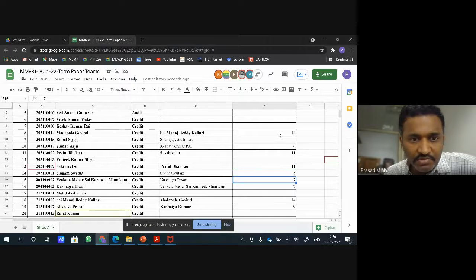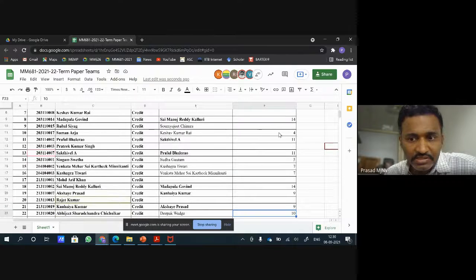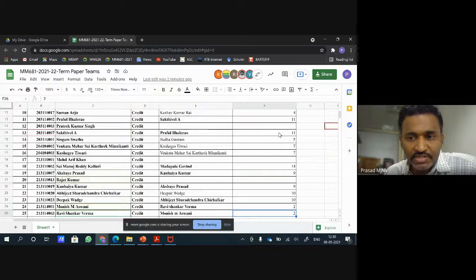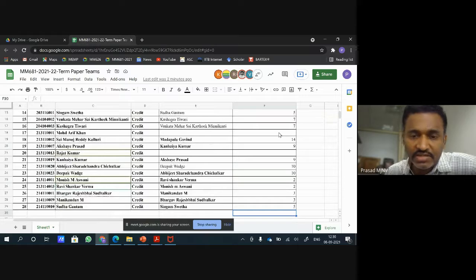Sweta 5. Venkat Meher Sai and Kushak, 7. 14. 9. Pranay Kumar, 9. Just see the numbers you indicated. Is it right now?